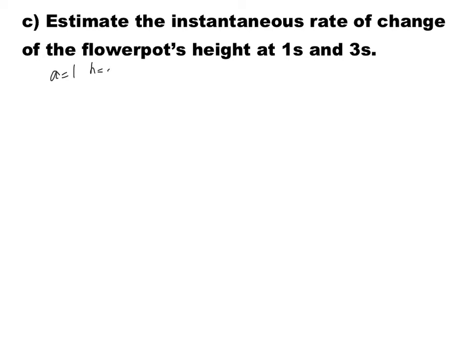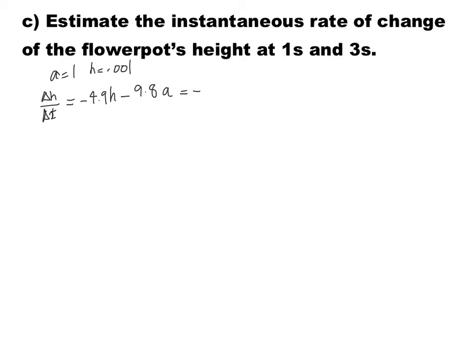In this case, we are going to pick an h value which is very small. Let's say 0.001. Then our b value is going to be a plus h, which is 1.001. We have already found the formula in part A that the rate of change, delta h over delta t, is going to be equal to negative 4.9 times h minus 9.8 a.